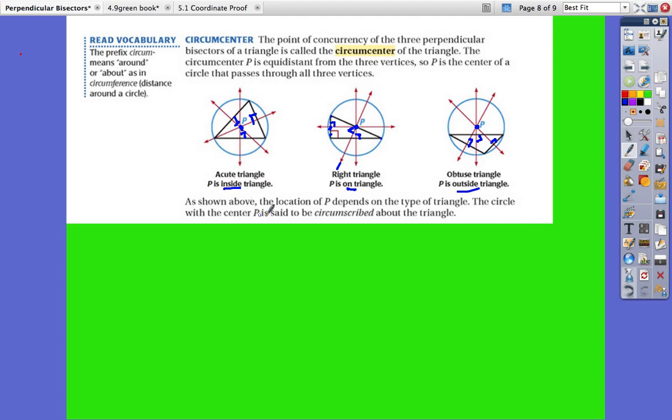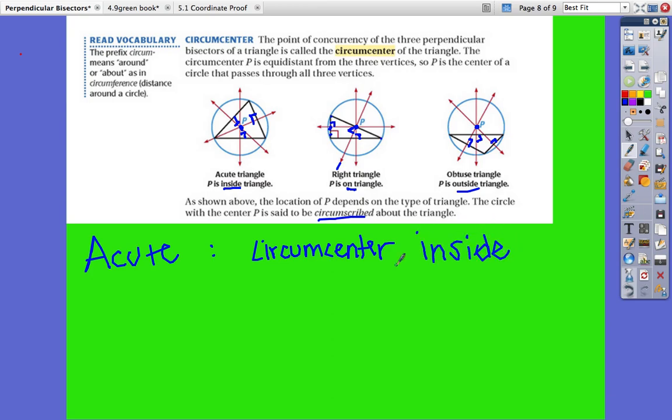The circle with center P is said to be circumscribed about the triangle. So because this circle is outside of the triangle, it's called circumscribed. What you need to remember is that acute triangles have their circumcenter inside. Right triangles have their circumcenter on the triangle.